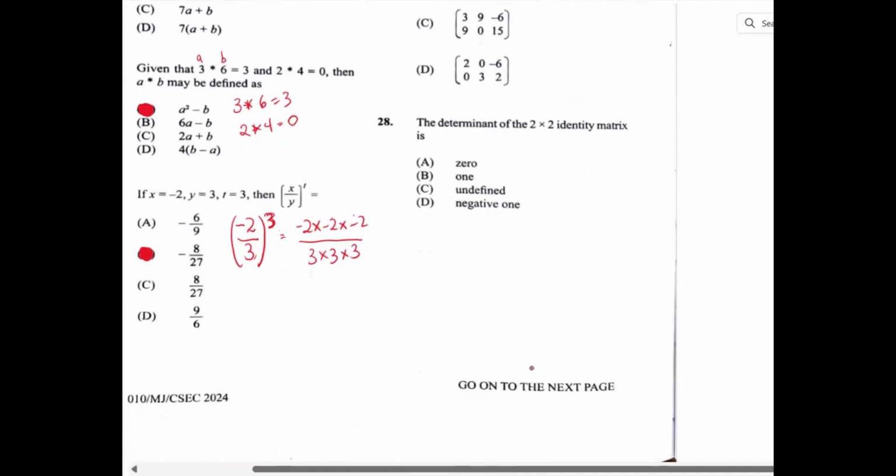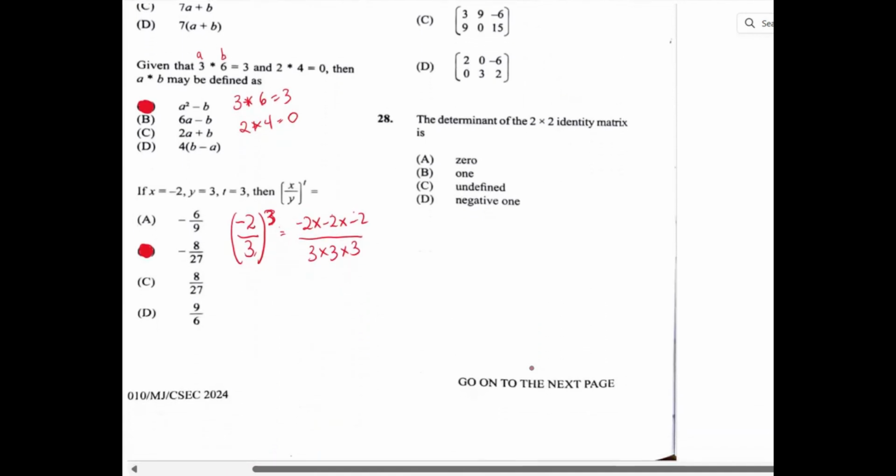Number 28, the determinant of the 2 by 2 identity matrix. The 2 by 2 identity matrix is 1, 0, 0, 1. It is a matrix made up of zeros and ones, where the first row is 1, 0, and the next row is back to front, 0, 1. And well, you all know how to find the determinant.